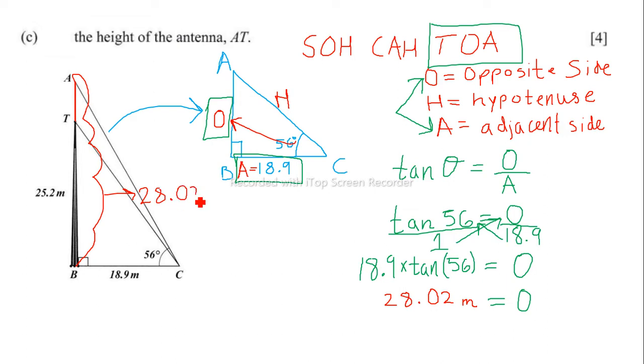But the question only asks us to figure out what AT is. So thus AT is going to be equal to 28.02 minus the shorter distance, 25.2.